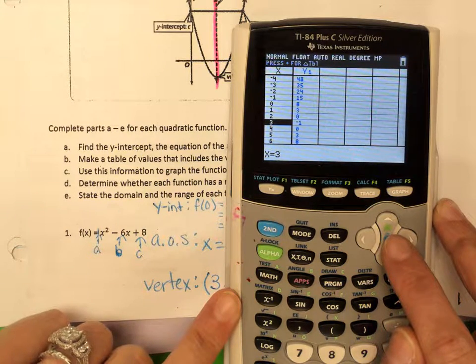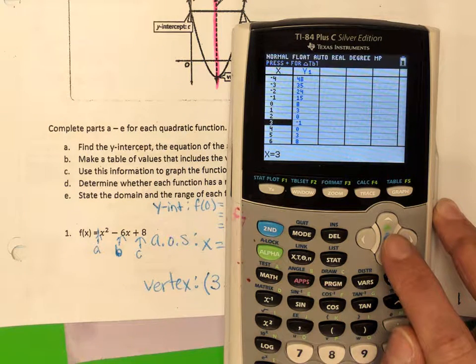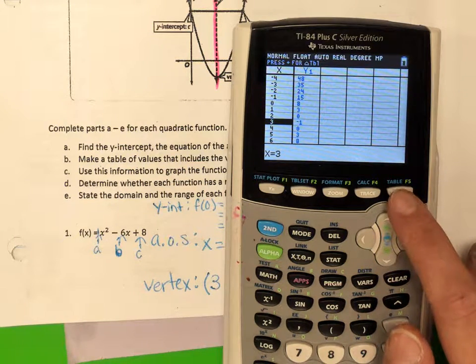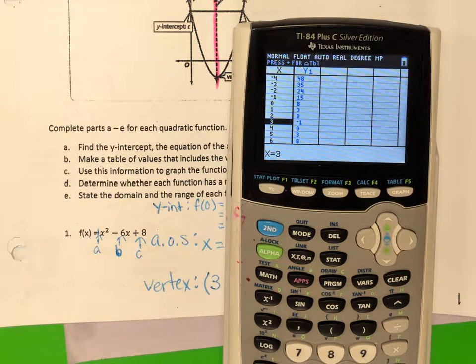Huh? Do what? Batteries are dying. You typed something in wrong. Bring it to me. Because right above graph is a blue button and it says table. Lord have mercy. You got to clear all this stuff out. Somebody's been messing with it. And you didn't hit an X for 6.